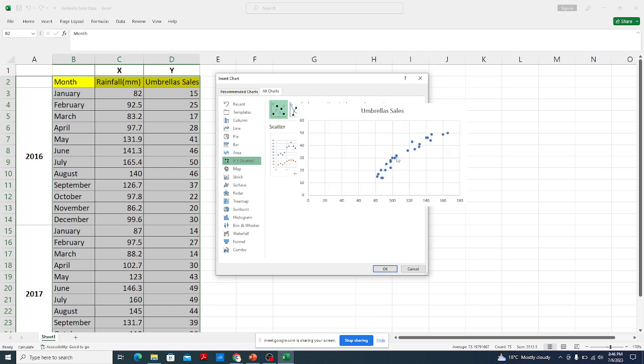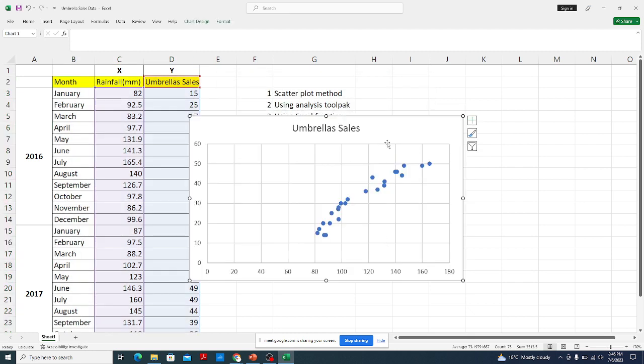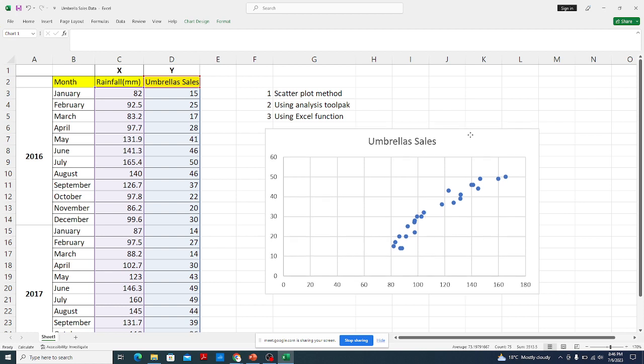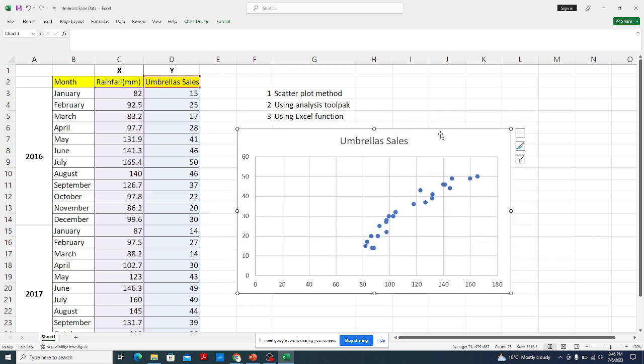So we are going to select this one, and the second step is to insert the linear graph, the equation of a straight line. We are going to use the chart elements here and then add a trendline.